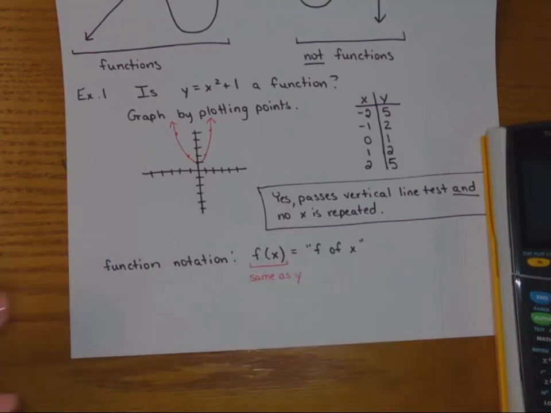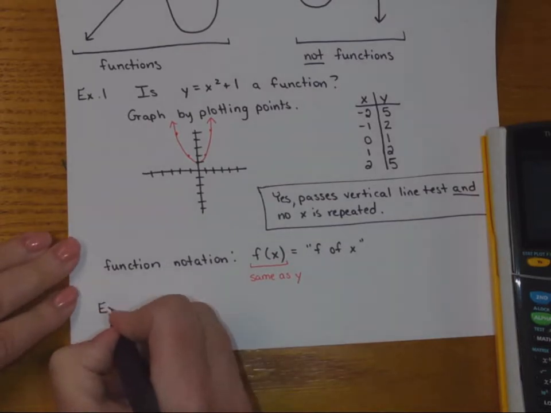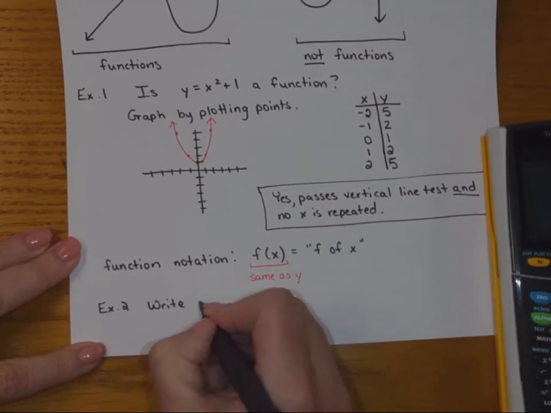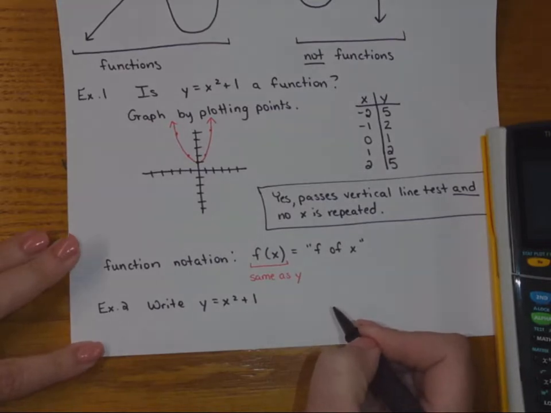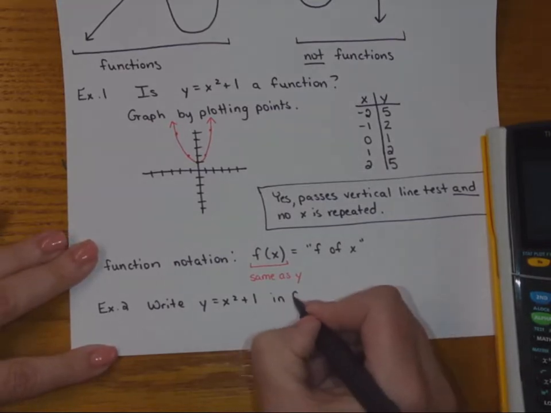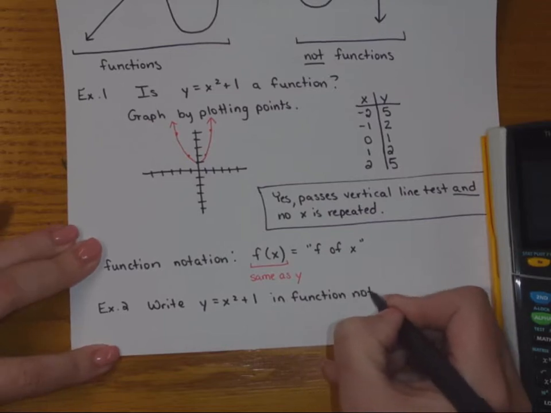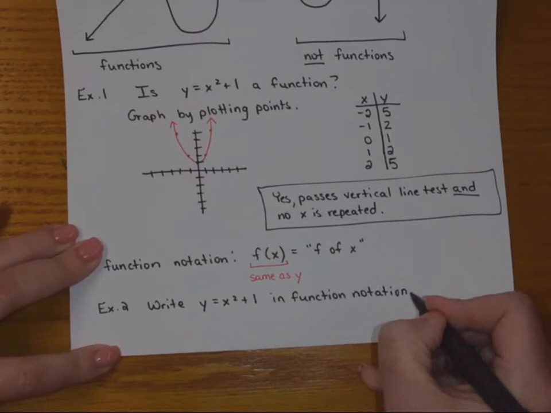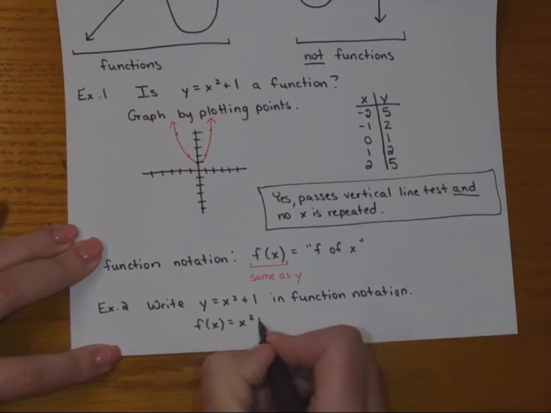Okay, it's just this format is going to allow us to do a whole lot more than the y equals notation allows us to. So, let's do a really quick example just to highlight that. So if I wanted you to rewrite the equation we just plotted in example 1 in function notation, then you would rewrite that as f of x equals x squared plus 1.